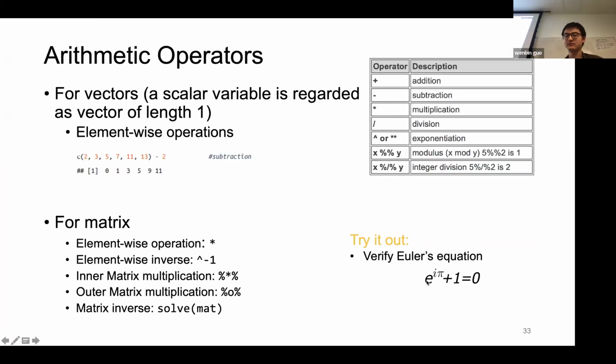We want to compute the left-hand side. It's just like translating the formula in mathematical notation to code notation. So we know it's E, exponential with 1, like the natural parameter we talked about just a minute ago. And i is the imaginary number, and pi is 3.14, and +1.